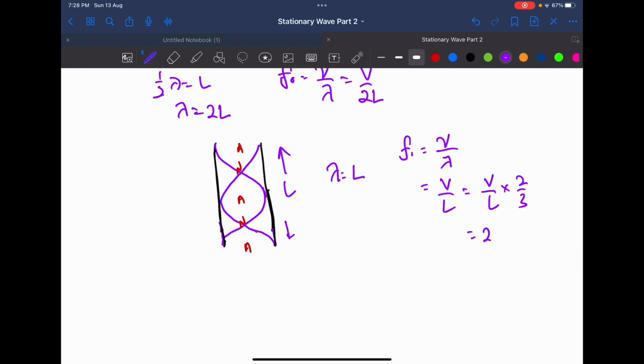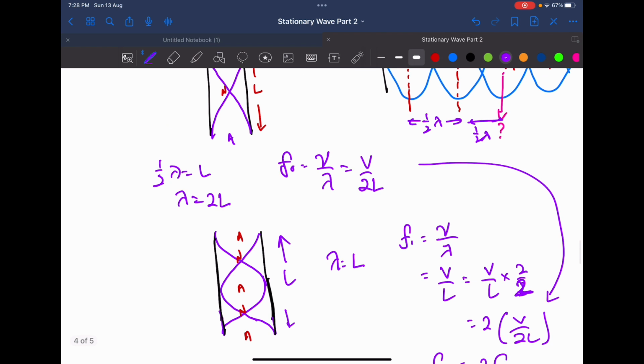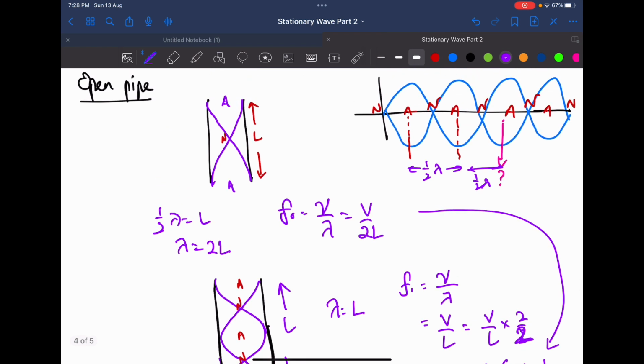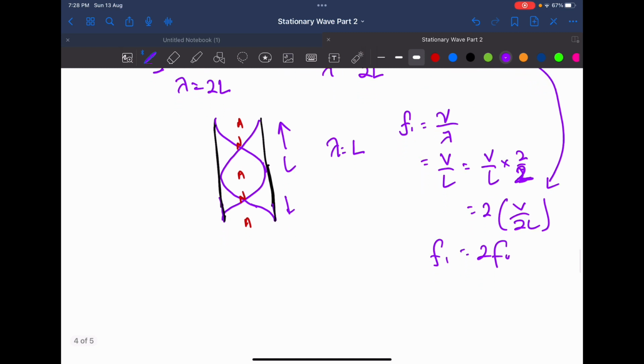This is 2 over 2, V over 2L. So the next frequency is 2 times the fundamental frequency. There you go, that's how it happens for the open pipe. That's all. Thank you.